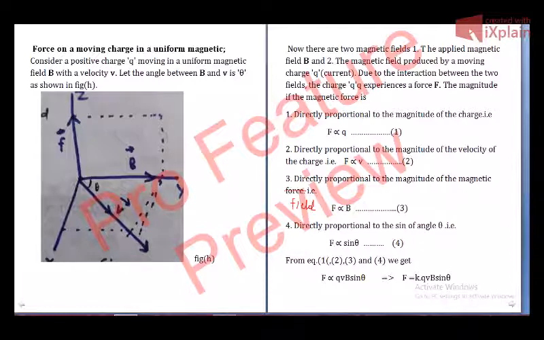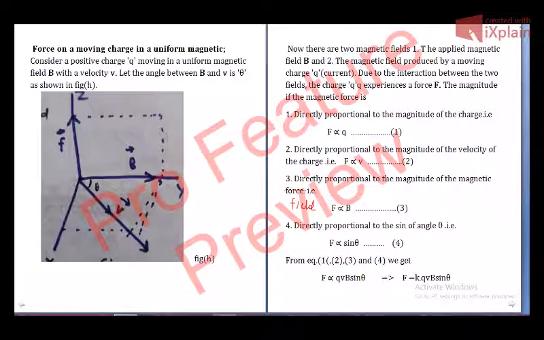Number 4, it has also been found experimentally that the magnetic force experienced by this charge is directly proportional to the sine of the angle theta between B and v. Greater the angle theta, greater will be the magnetic force experienced by the charge.